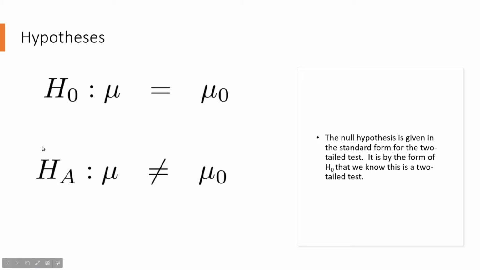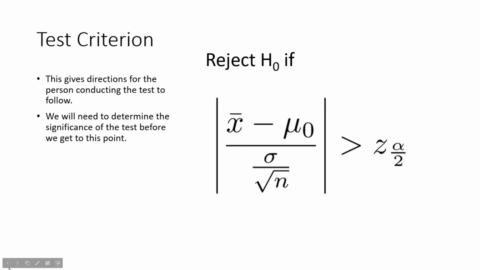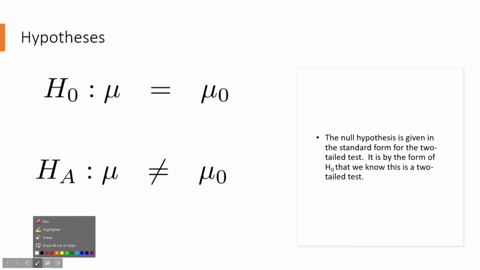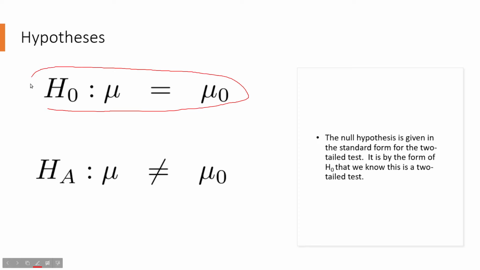our null hypothesis will look like this. It'll be in the form mu is equal to mu naught, and this mu will always appear as it is. It's a symbol denoting the mean.